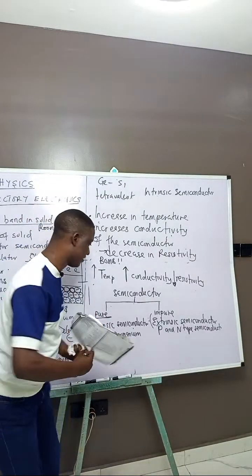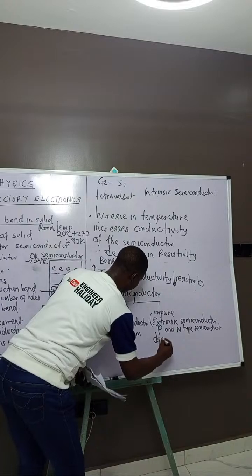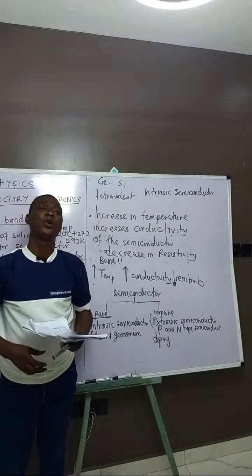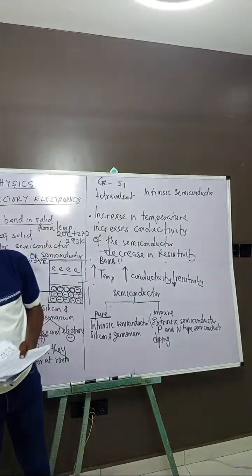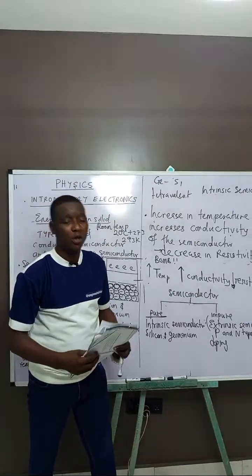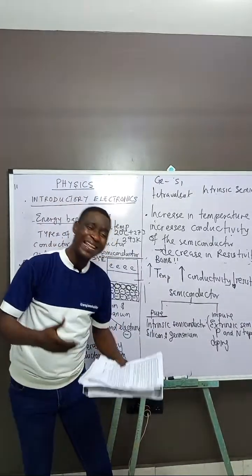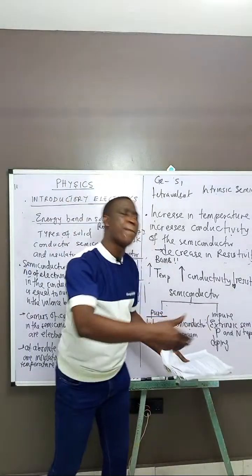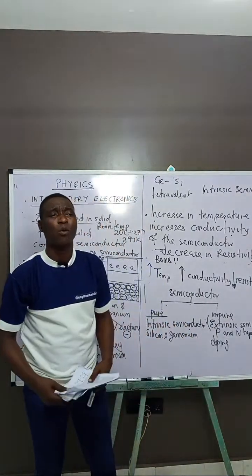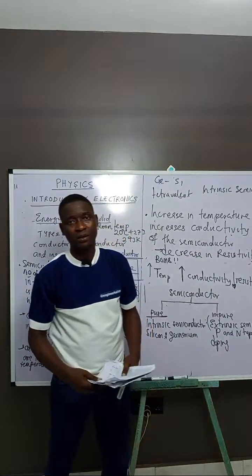I've mentioned something inside. What is doping? Doping process is a process by which you add an impurity to a pure semiconductor. When an impurity is added to a pure semiconductor, the process of achieving that is what we call the doping process.